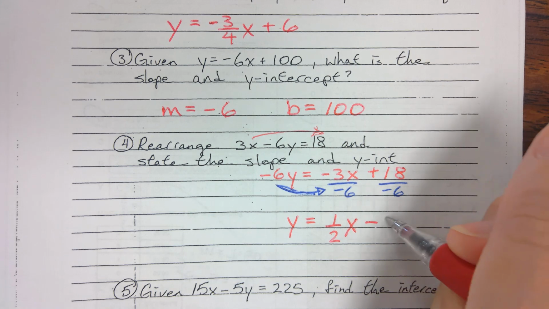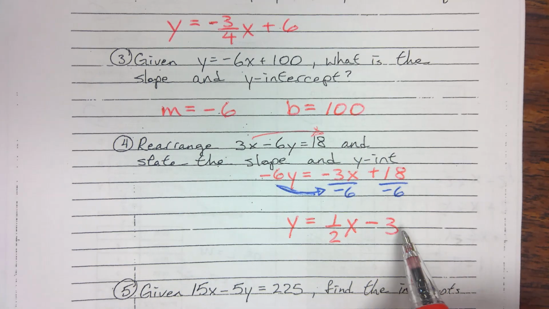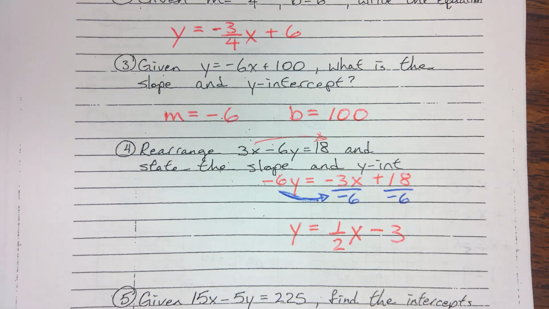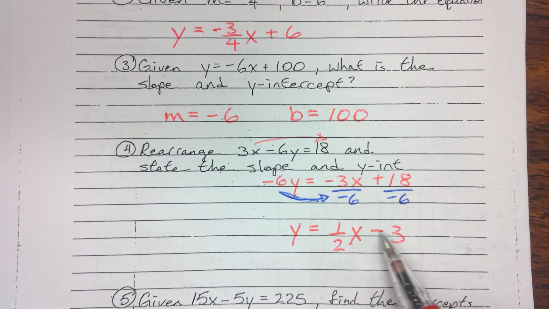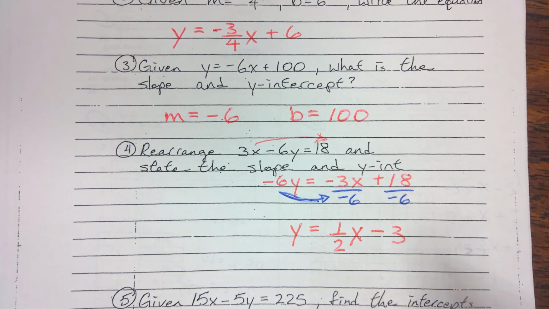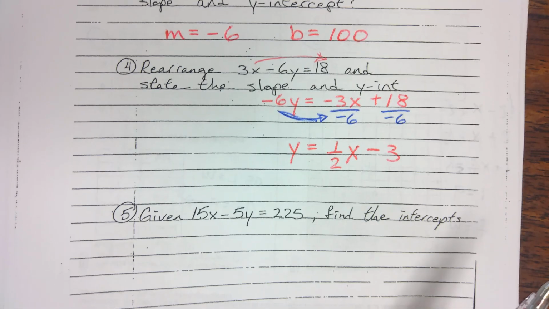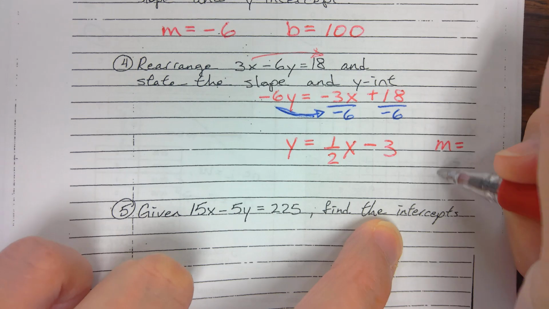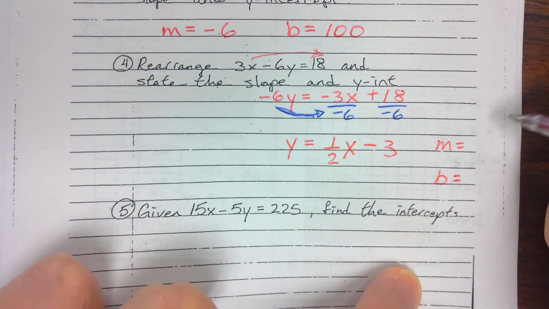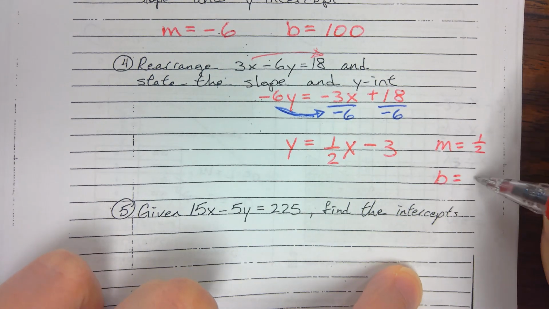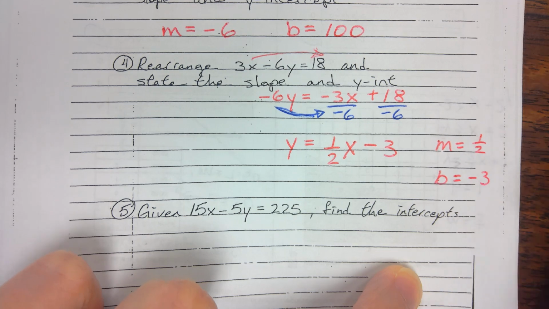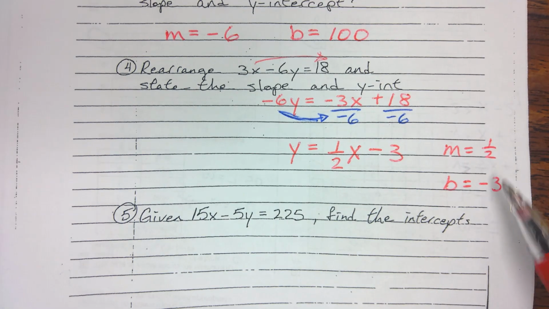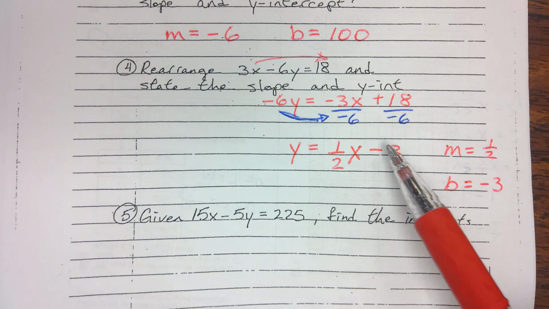Minus 3, right. I don't want that plus minus 3. You'll lose half a mark for not simplifying. So if it's negative, it's just minus 3. So then what's my M and what's my B? 1 over 2 and negative 3. Good. Again, don't forget the sign goes with the number.